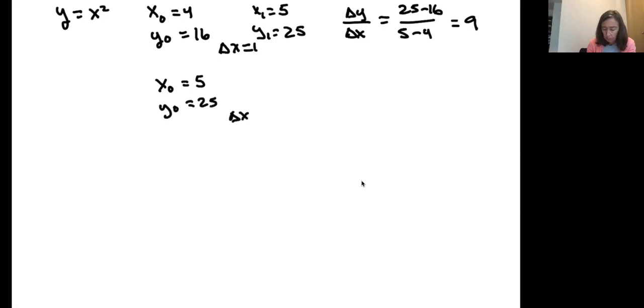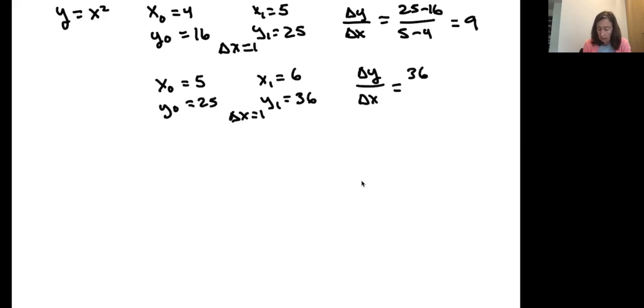Again, I'll do a change in x of just 1 unit here, so that now my ending value x1 is 6, and my ending value for y is 36. And calculating delta y over delta x here, it's 36 minus 25 over 1. That's 11. Okay, I get a different answer. Said I would. Fine, let's just keep going.